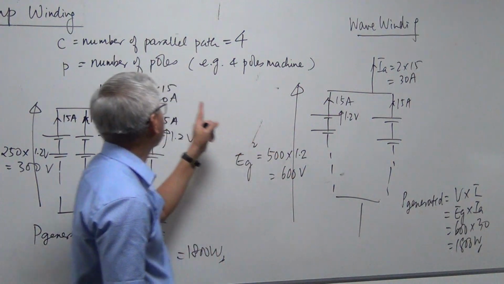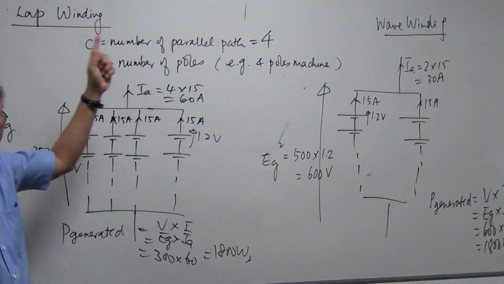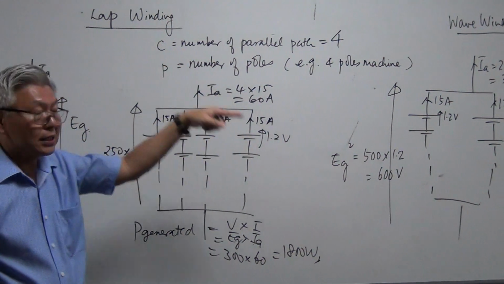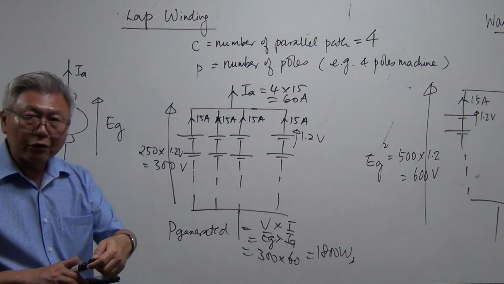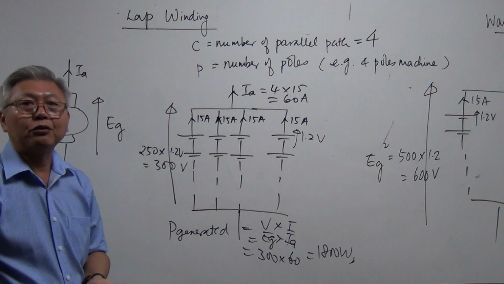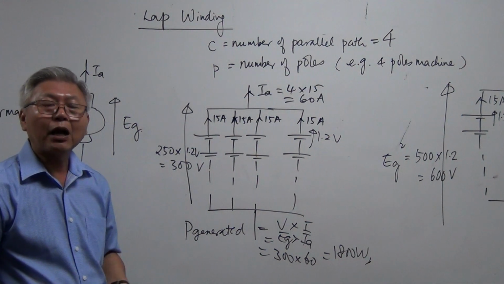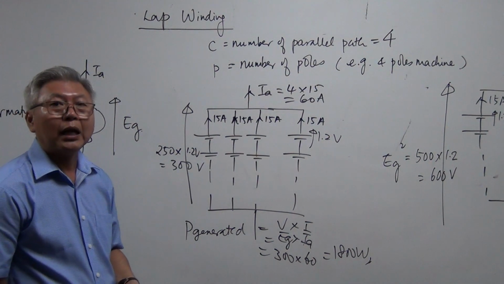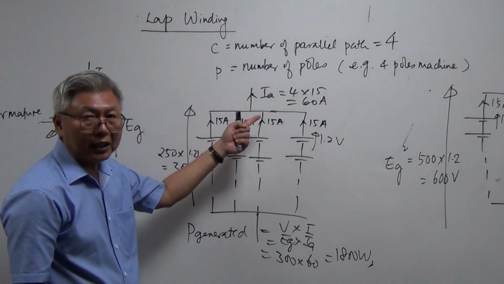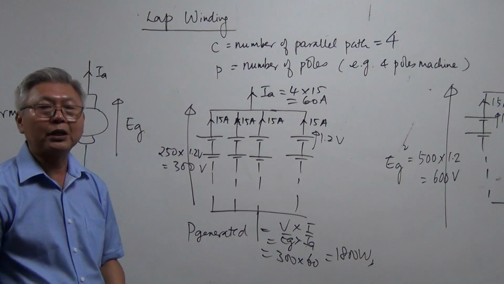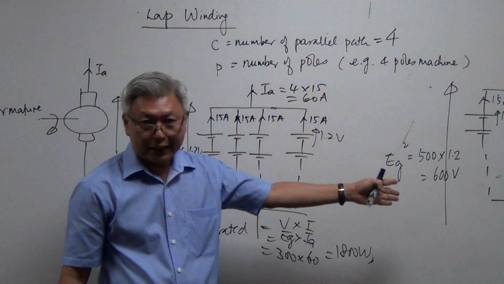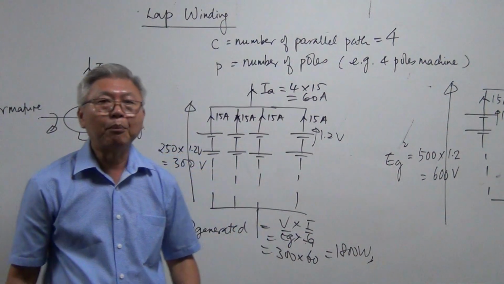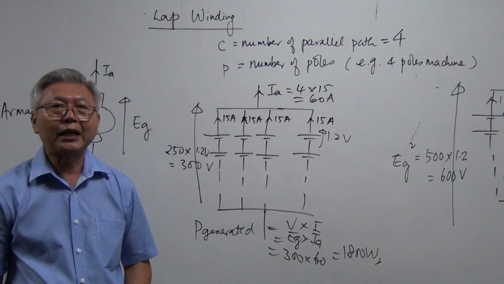So the choice of lap winding versus wave winding is the choice of whether you want a high current generator or a low current generator. If you want a high current generator, you would choose lap winding. If you want a high voltage generator, you will choose wave winding. And that is the comparison between wave winding and lap winding.